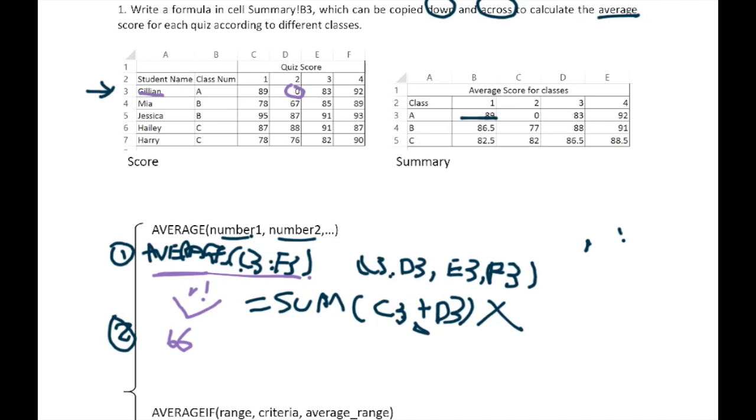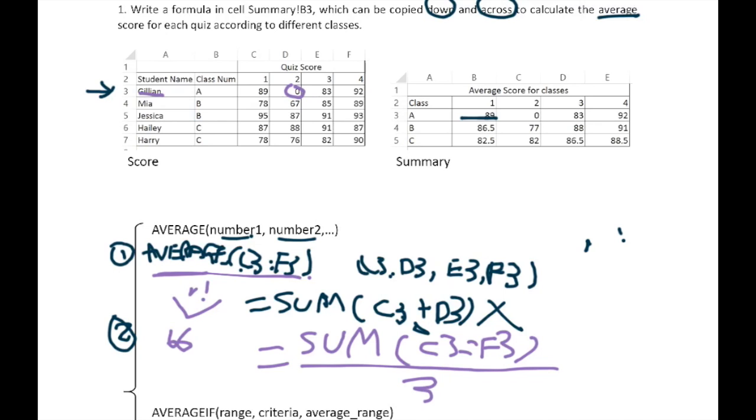But if you just want to ignore quiz 2, which would be much closer to the reality of Jillian's average score, you use the sum of C3 to F3 and divide by 3, because she actually only took 3 quizzes. Then it will come out with a number of 88.